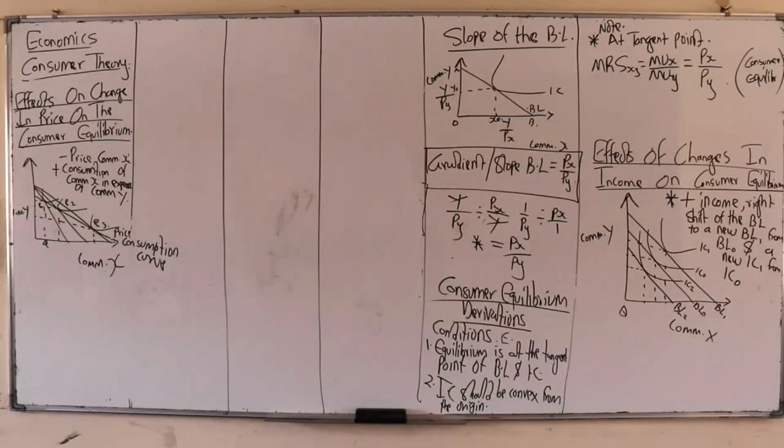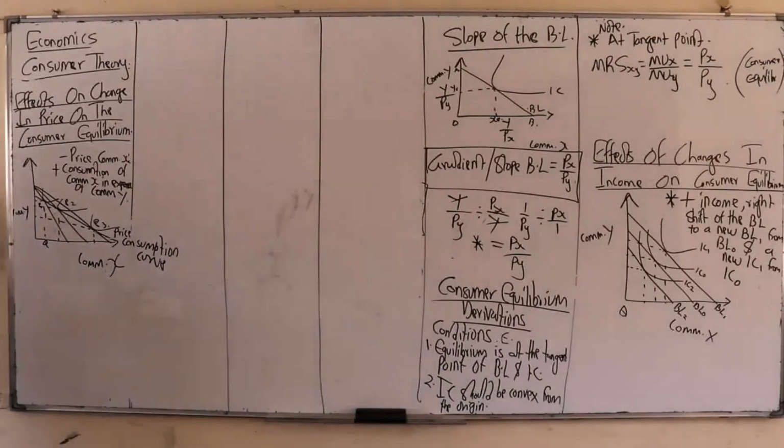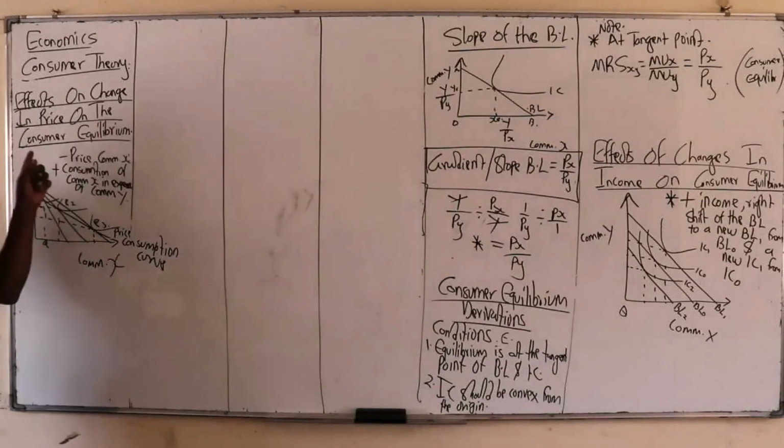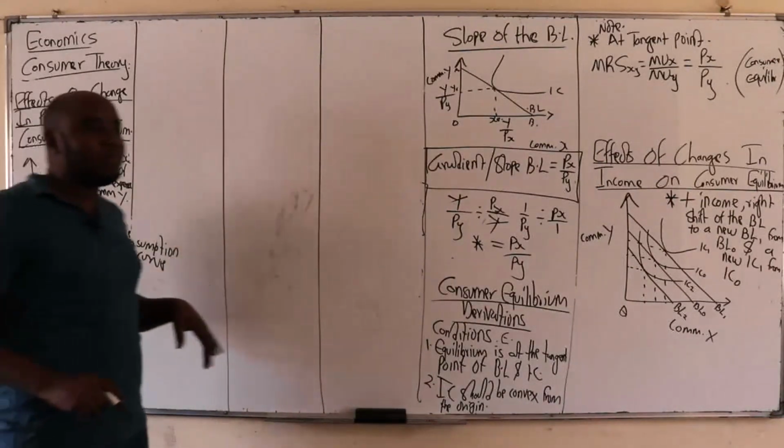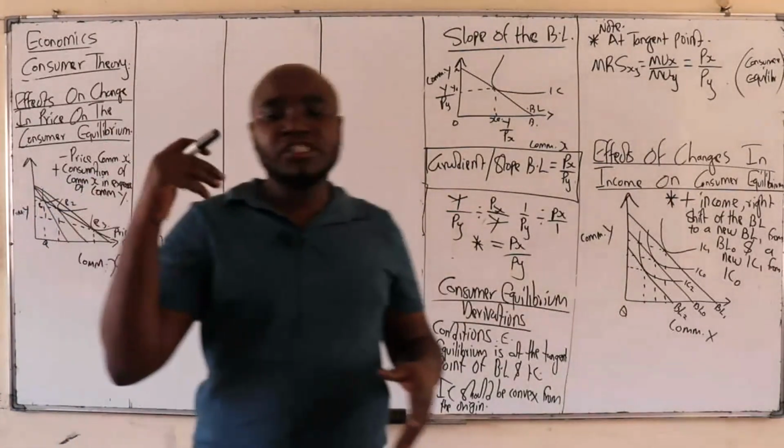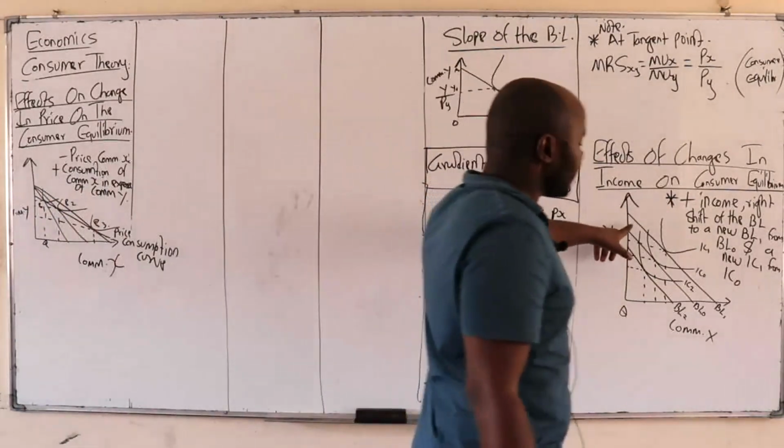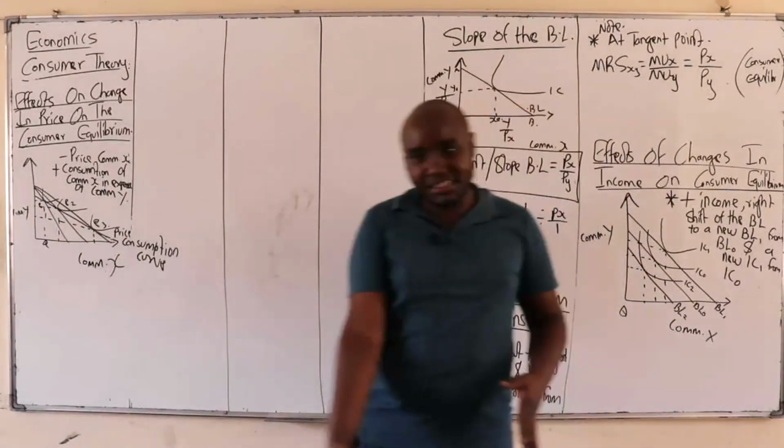I'm saying this, that the effect of changes in price on the consumer equilibrium does not shift the budget line. It just tilts it. You see?